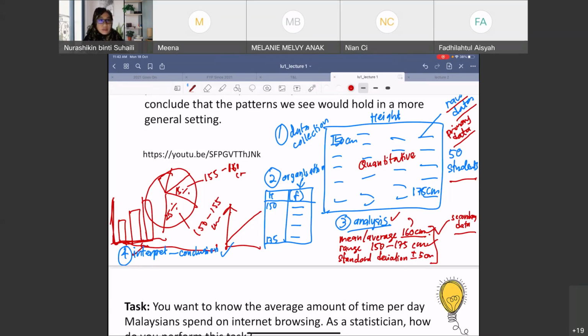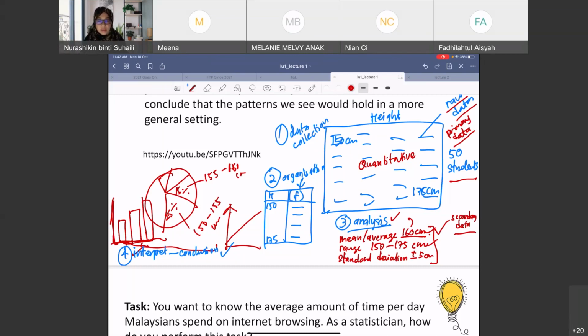It could be black, brown, white, yellow, right? It's colors, it's not dealing with numbers. That is qualitative, features, characteristics.